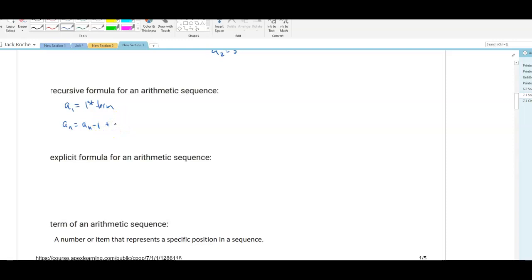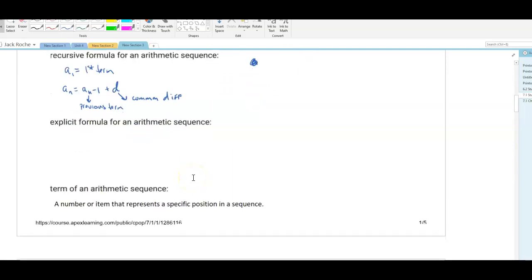We're adding that common difference d. So this represents the previous term. This represents your common difference. Actually, we'll just explain it more through the examples further on.